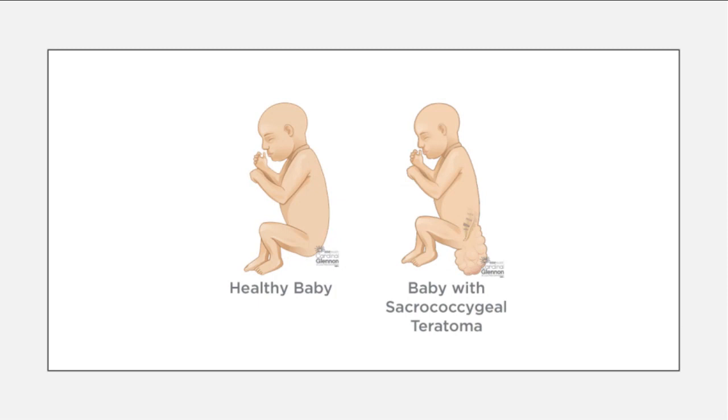So healthy baby, normal back to bottom relationship. And then we have a sacrococcygeal teratoma, that lower back, that sacrum portion, extending off of our coccyx, that really protruding mass, classic teratoma.